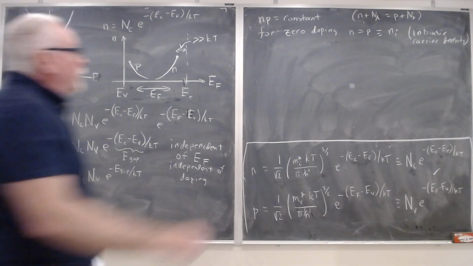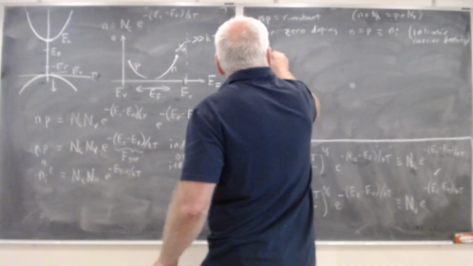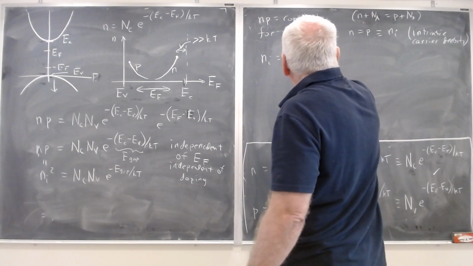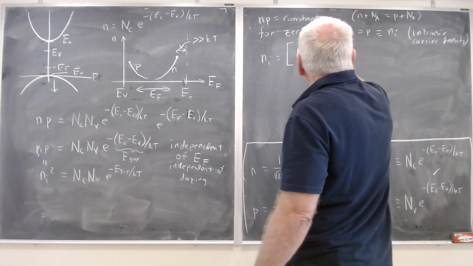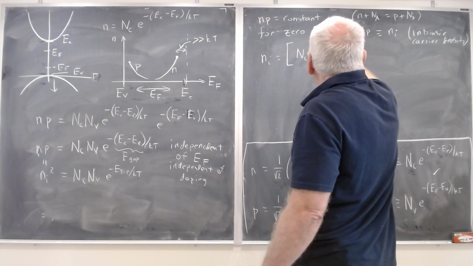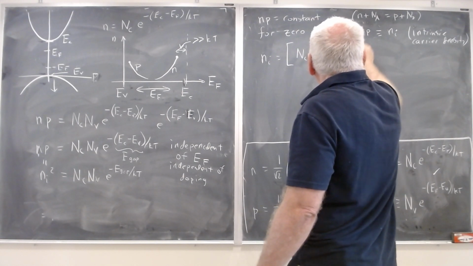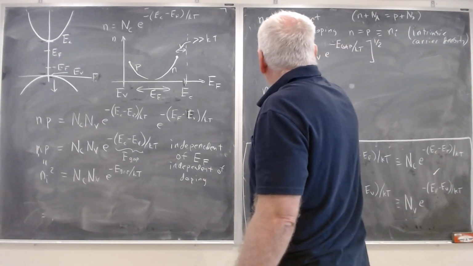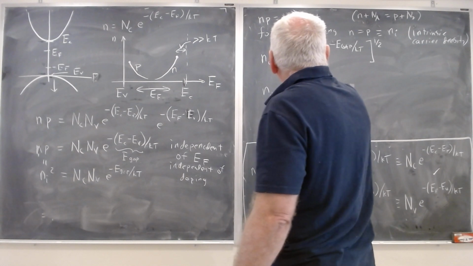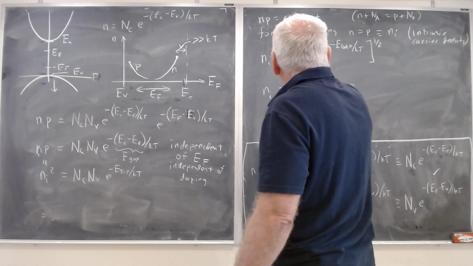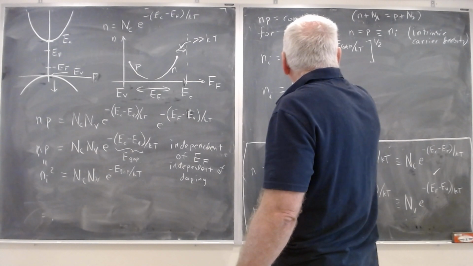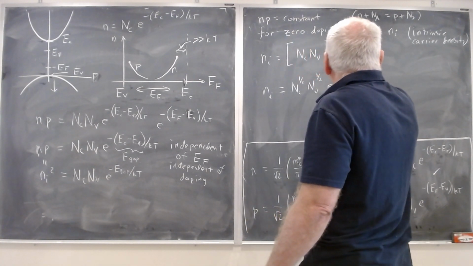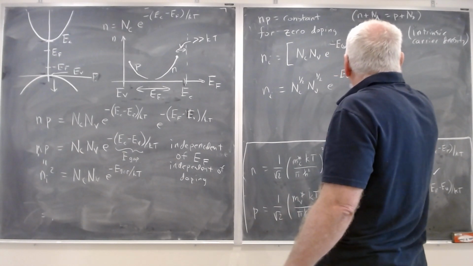So what is Ni? Ni is the square root of that, or Nc to the 1/2 Nv to the 1/2 e to the negative E gap over 2 kT.